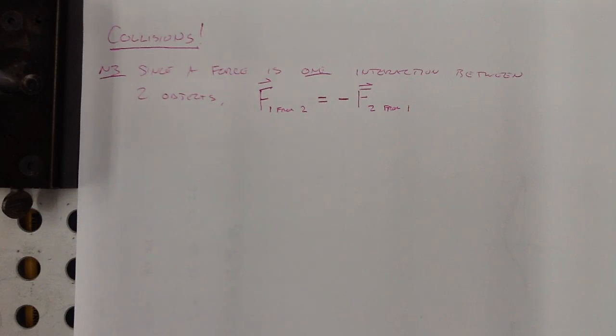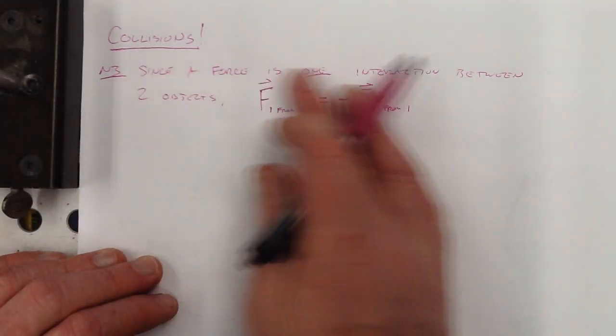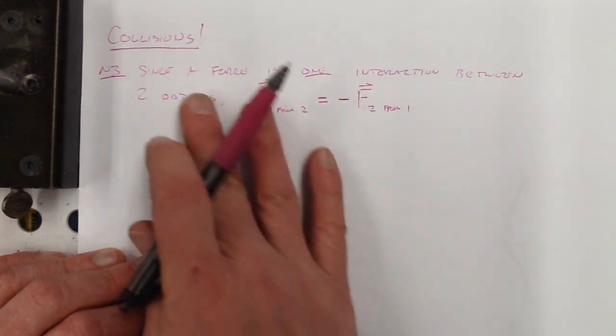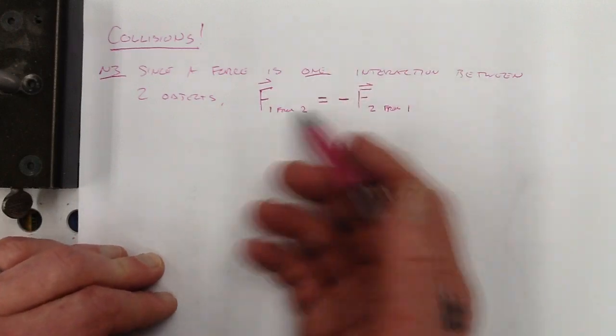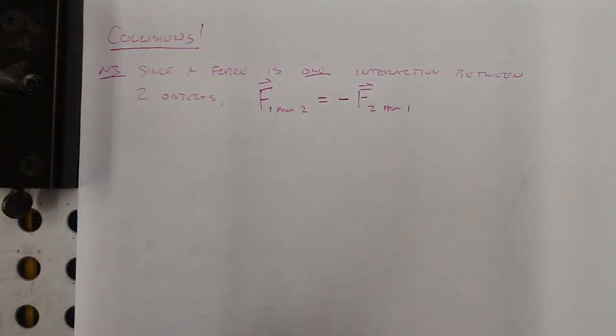Right? It cannot be otherwise, because this just falls right out of what our definition of a force is. If a force is one interaction, then this has to be true. You can't have the two different things experience a different amount of force if there's only one interaction.